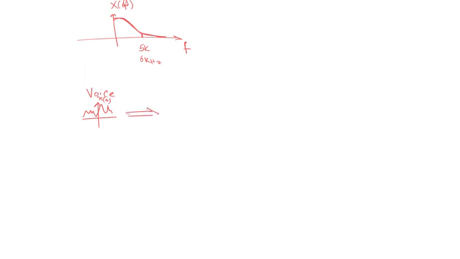Now, that's on the software. The first thing that you do is take the Fourier transform of that signal. That's what you do when you use the FFT command on MATLAB. What's produced on the other side is X of omega, and this is how X of omega looks like. Something like this, okay?